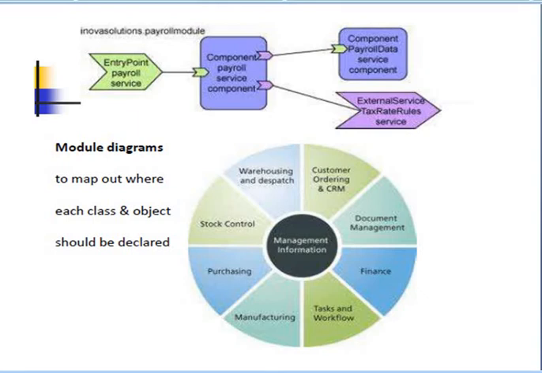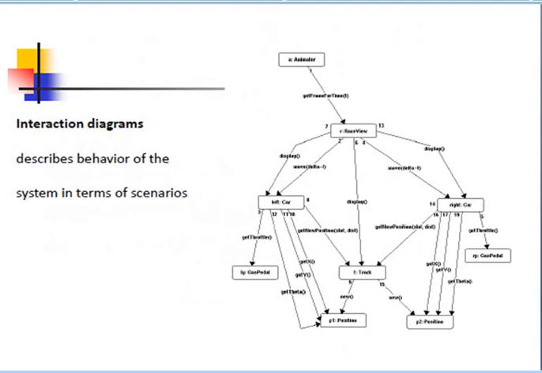First is payroll module and second one is management of information. The whole map is given, which includes class as well as object. Next is interaction diagram. It is somewhat not clear.